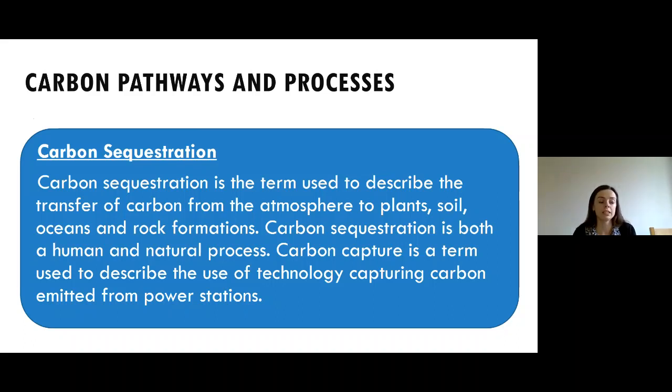Scale is another concept in geography, and you must know that carbon pathways can occur at either a fast, short-term and local scale, often referred to as a fast carbon cycle, or the slow carbon cycle, where carbon is exchanged over very long timescales of millions of years and often on a huge continental scale. And that's a slow carbon cycle.